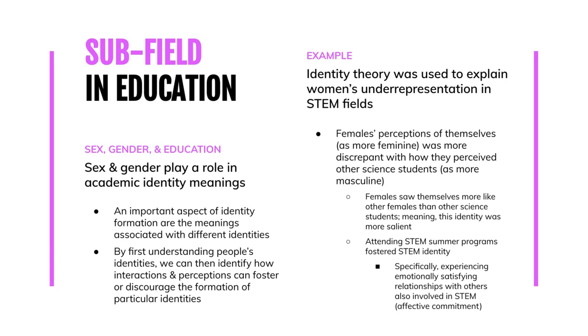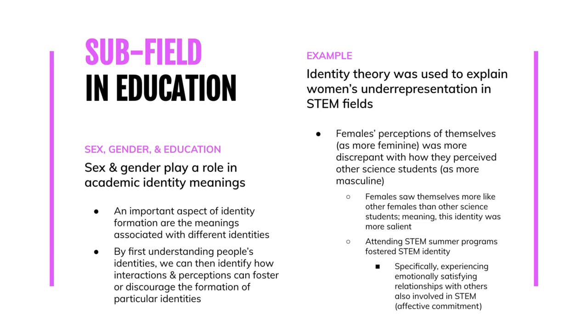So, you have a room full of people, and they tended to see themselves as more alike with other people they saw as female, instead of seeing themselves as more like those in science, even if they were also in science. The more salient identity for them was their sex identity.